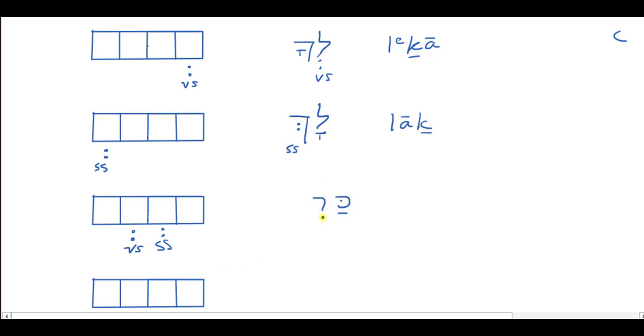Example, car-mali. Okay? Here I have a set of consonants, just like these boxes represent, and two shavas in the middle. Not at the beginning, not at the end, but in the middle.